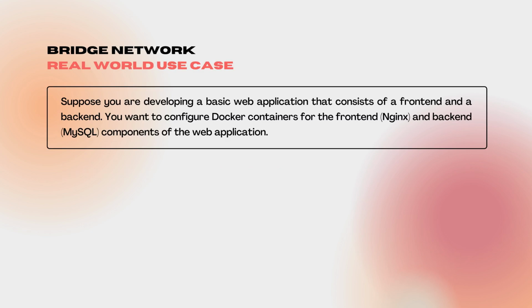In a real-world example, we can probably highlight a use case such as when developing a basic web application, let's say, that's consisted of a front end and a back end. You would like to configure Docker containers for the front end. Let's say in this case, you might be using Nginx and a back end MySQL components of the web application.